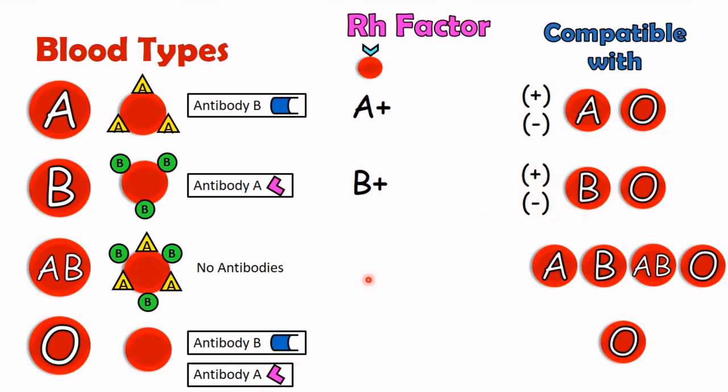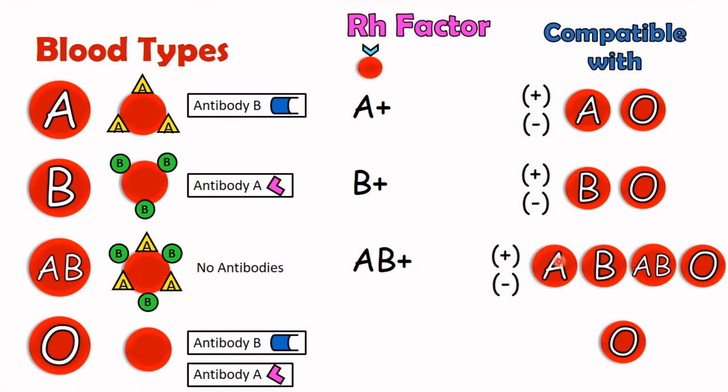Okay, next is AB. AB positive is the same as above: it can receive from other kinds of blood, whether positive or negative.